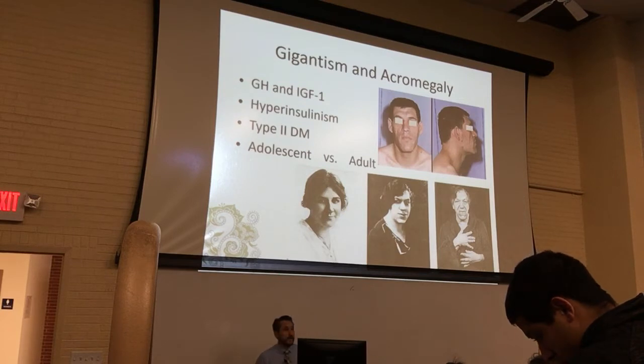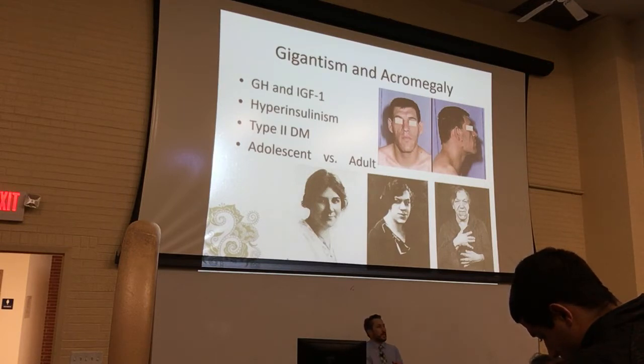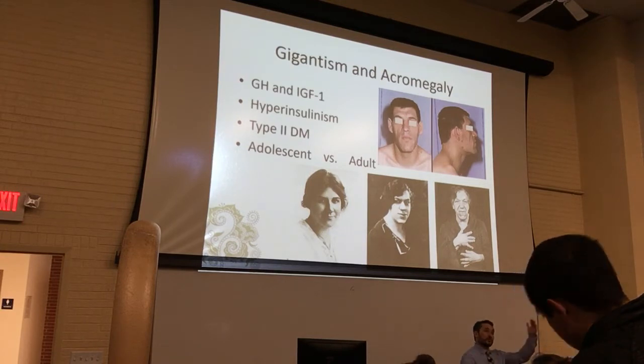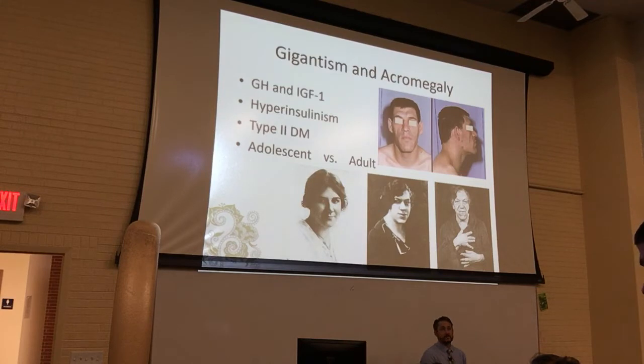There's been a number of different celebrities over time, many of them athletes, that have had hypersecretion of growth hormone. Now, once the growth plates close, the bones and the muscles still respond to the growth hormone, but the long bones will no longer extend, then you get what's called acromegaly.